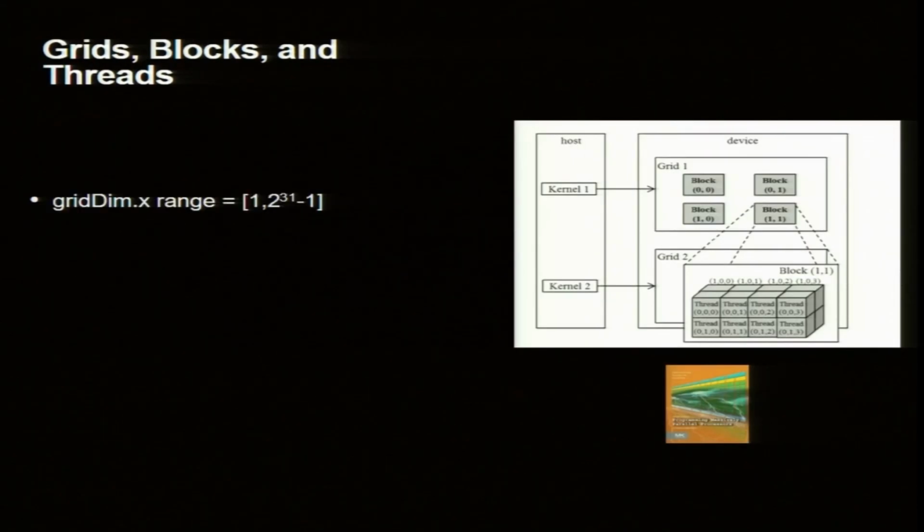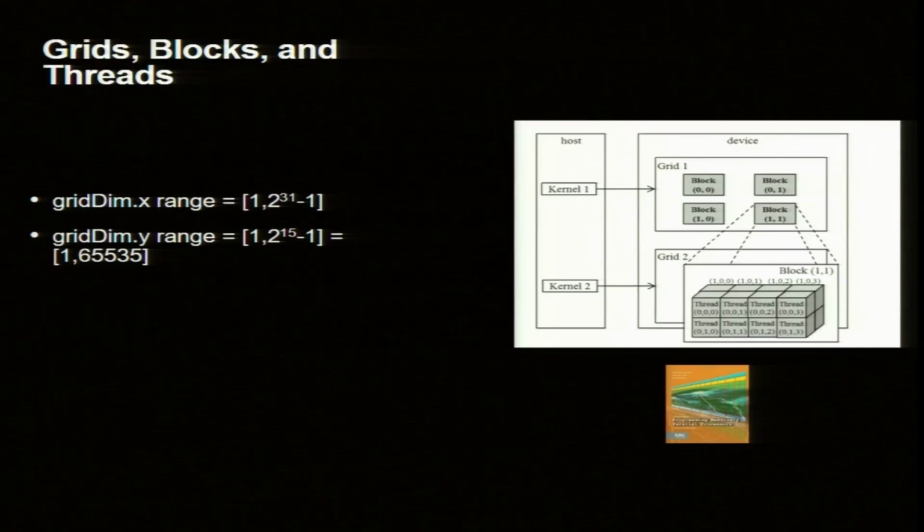So, the maximum values of blocks, how many blocks are allowed? Along x direction you get 2 to the power 31 minus 1, which is a huge number. How do I estimate this? 2 to the power 10 is 1024.